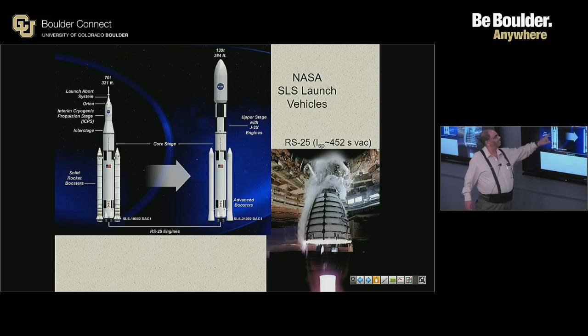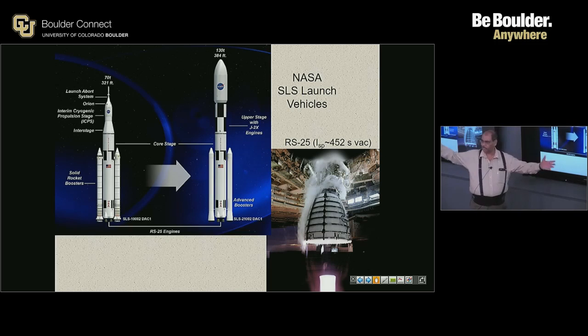Anyway, the initial one is going to be 70 metric tons to orbit, with 5-segment solid rocket boosters. The 4-segment one used on the space shuttle is modified. The whole philosophy was to use as much of the space shuttle gear as possible. Okay, so they are using the space shuttle main engines, also called RS-25 engines.